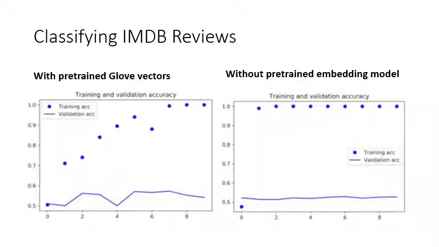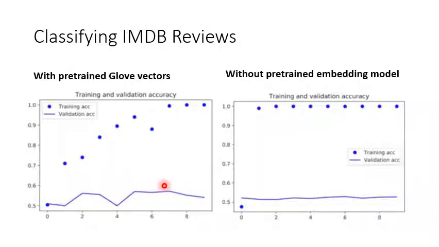So what's the result? The result with the pre-trained IMDB embedding model is here. As you can see, the training accuracy starts from 0.5 and increases gradually. It looks like using a pre-trained model prevents overfitting. However, the validation accuracy has only improved slightly.